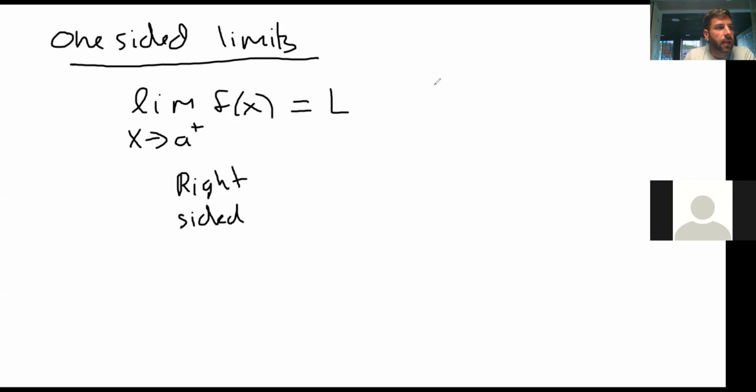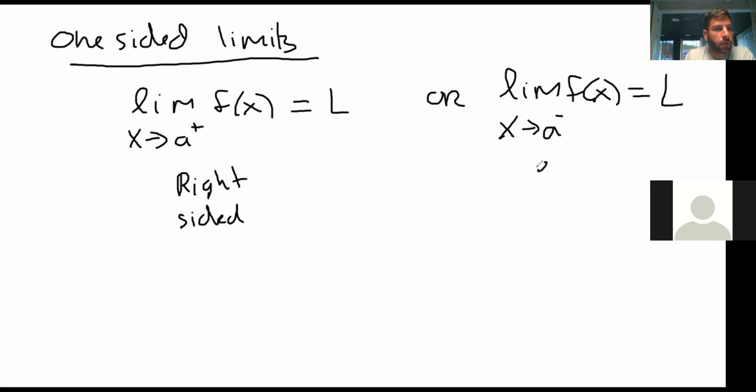So that's the right-sided, or we can approach the limit from the left, or approach the value from the left is a more accurate way of saying it. We call this the left-sided limit, or left-handed limit. So the only difference you'll see here between our actual limit notation is you have these superscripts. The plus sign means we're coming from the right, and the minus sign tells us we're coming from the left.